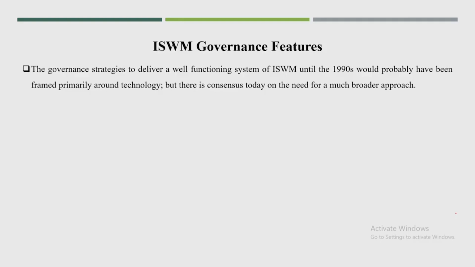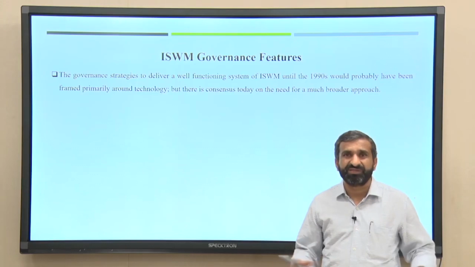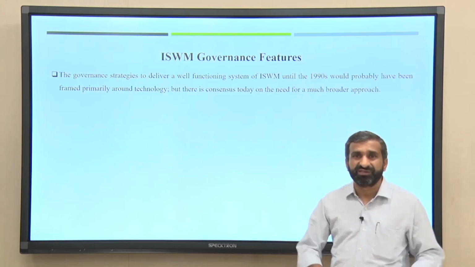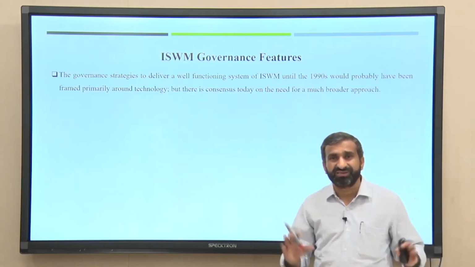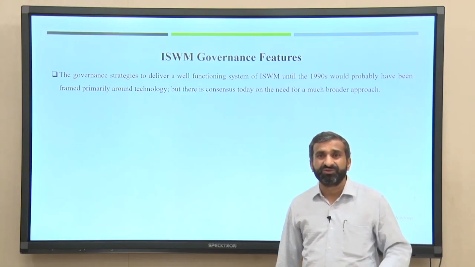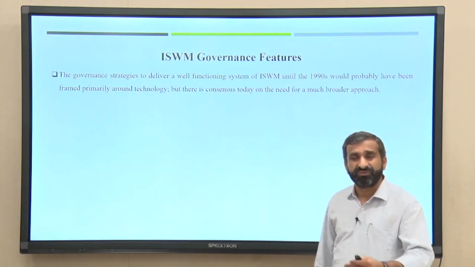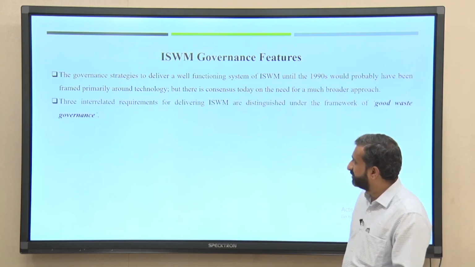Even in the 90s we always talked about technology, we required special technology for treatment of mixed waste. We never used to talk about governance features, which are also important to have a proper management system.